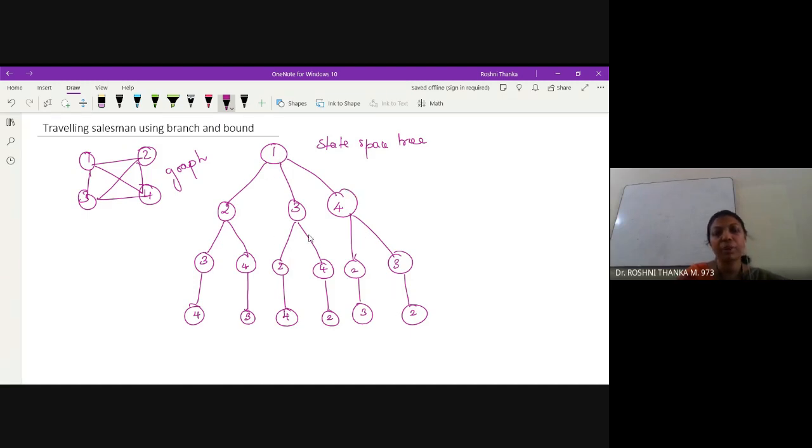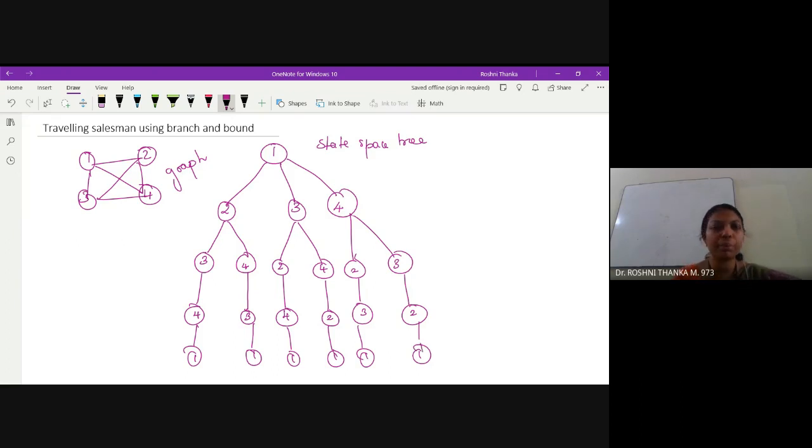Then among all of these, we take the trip which cost the minimum. That will be the final answer. Finally, from the leaf node, the person reaches node 1, the starting location. This is what we can understand from this state space tree.